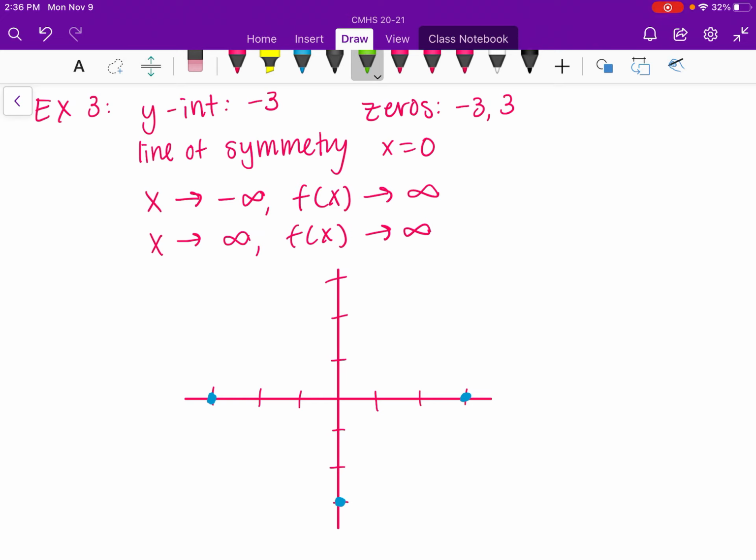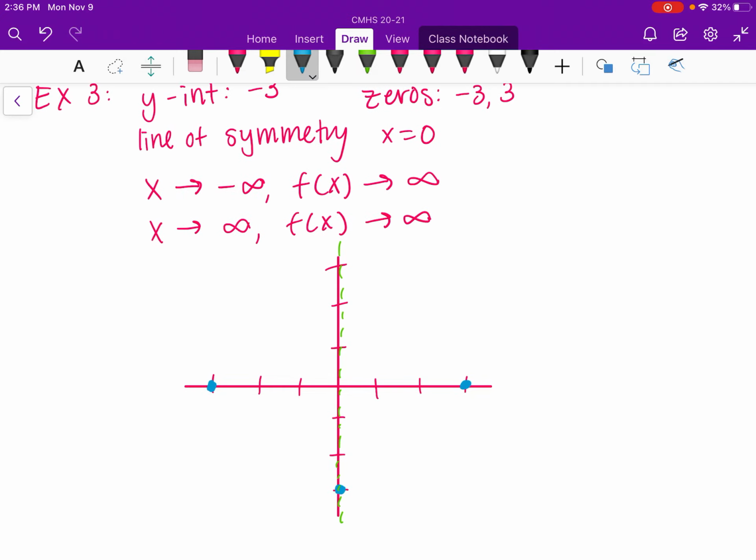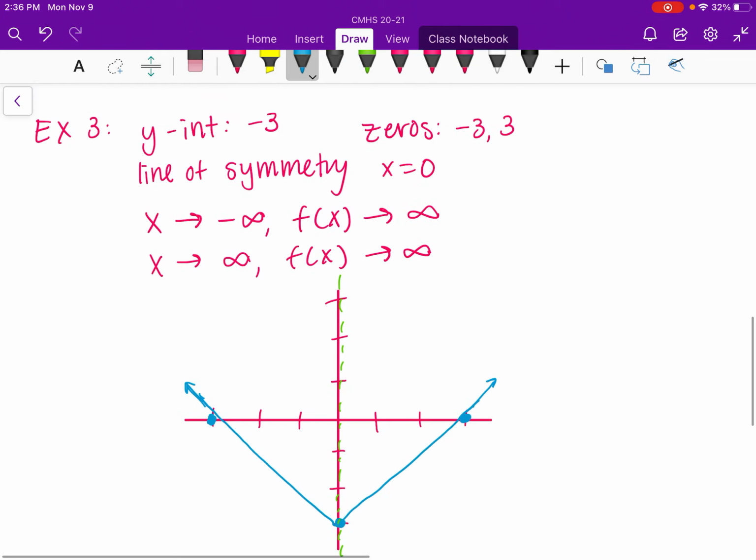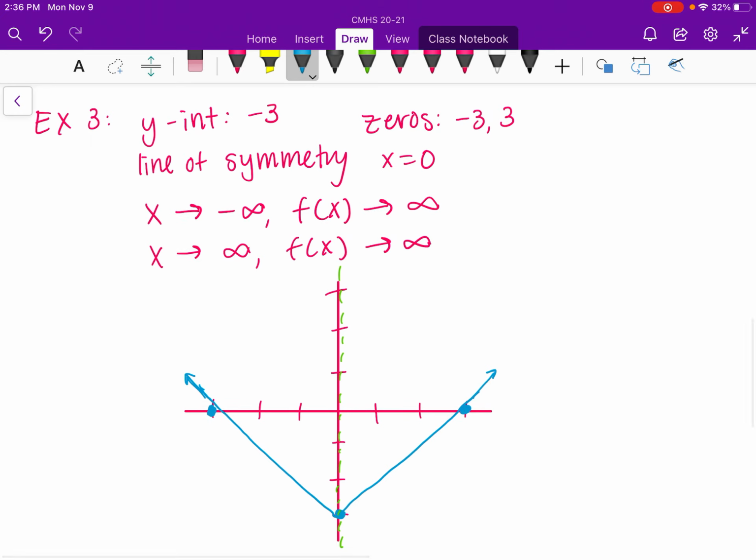There's a line of symmetry at x equals 0. So right down the middle is symmetry, and both of the end behaviors are going up. So I'm just going to make some lines, curvy lines or straight lines. I'm just going to go with straight, and we have our third example.